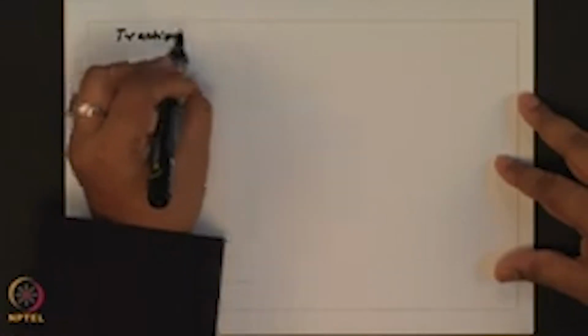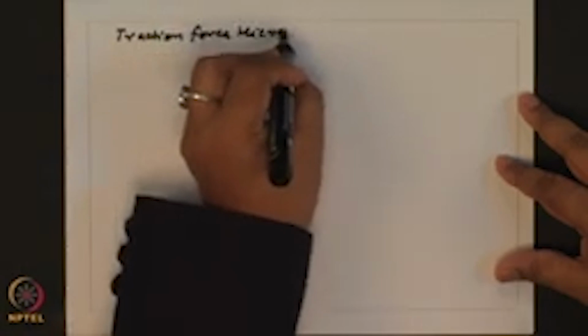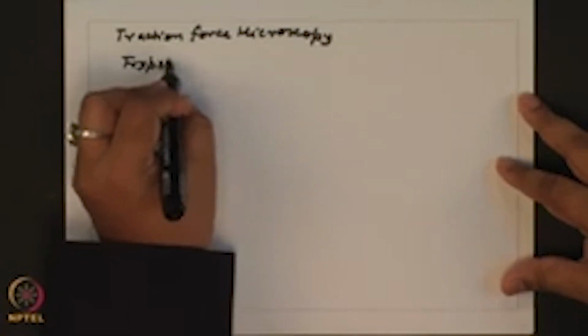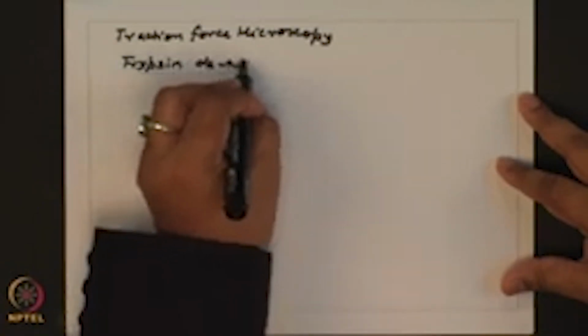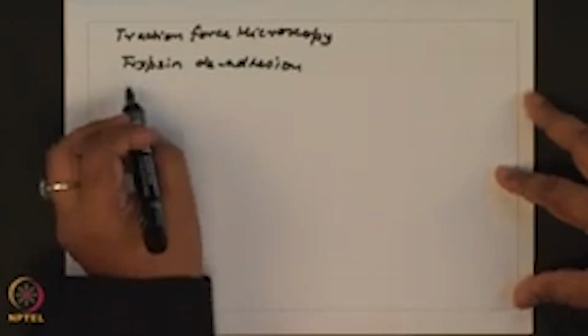However, for a more direct approach of measuring contractility, I introduced three techniques: traction force microscopy, trypsin deadhesion, and laser ablation.